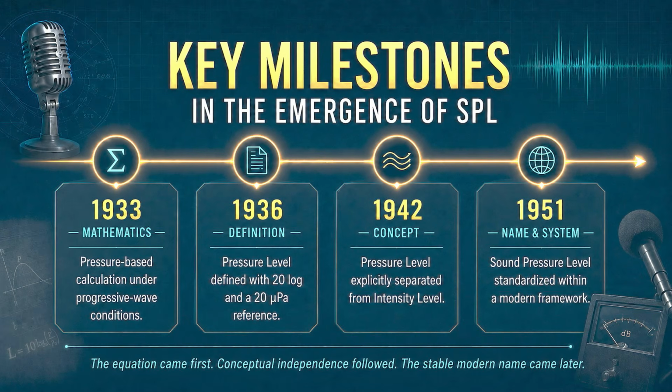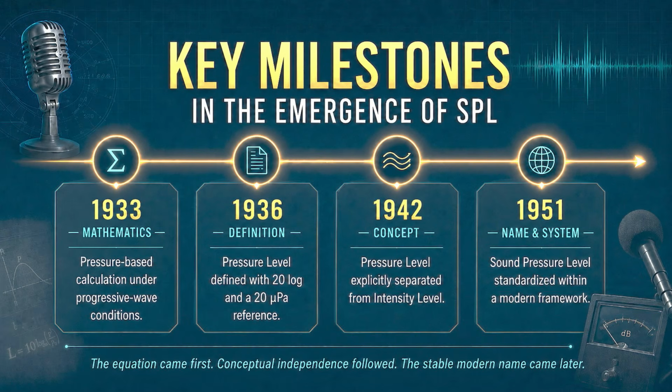Pressure level was explicitly defined using 20 log, with a reference pressure of 20 micropascals. 1942, concept. Pressure level was explicitly separated from sound intensity and intensity level as an acoustical quantity in its own right. 1951, name and system. The term sound pressure level took its modern place within a systematic acoustical framework.